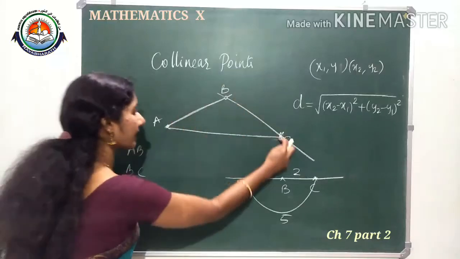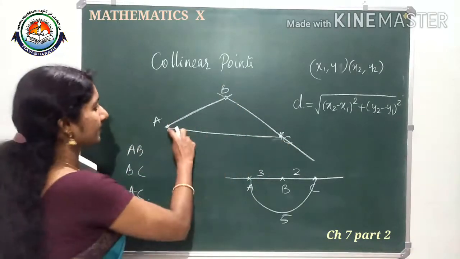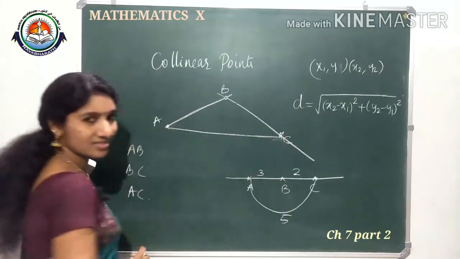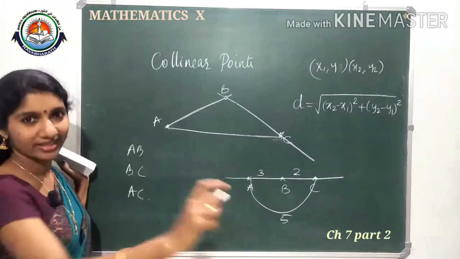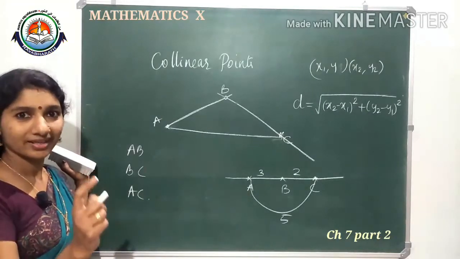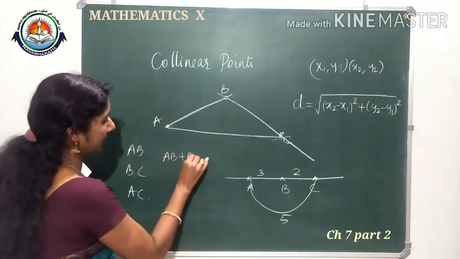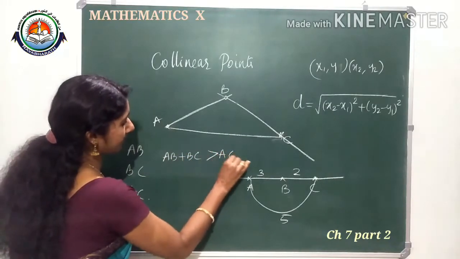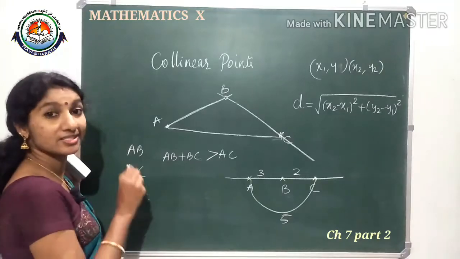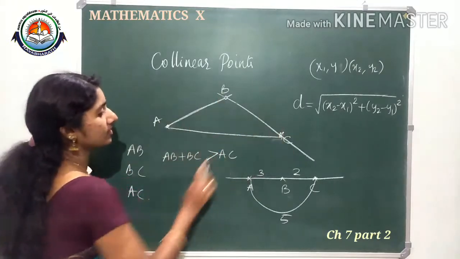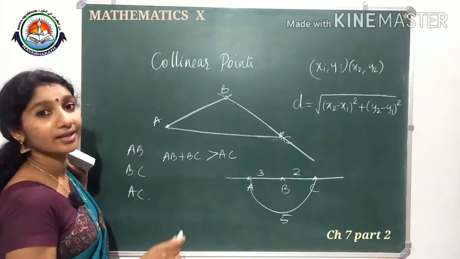If you go like this from A to C, that will be bigger than this shortest distance, that means a straight path. Am I correct? So, if AB plus BC is greater than AC, then it is sure these 3 points are not on the same line.